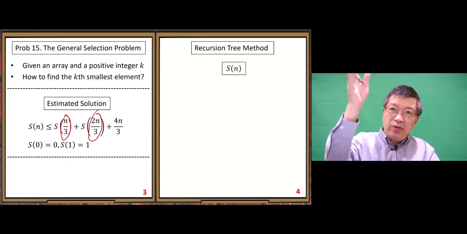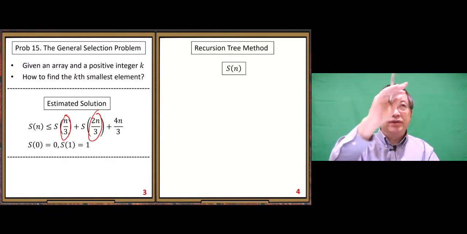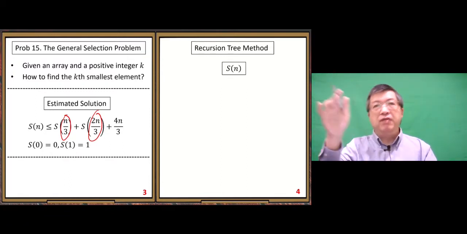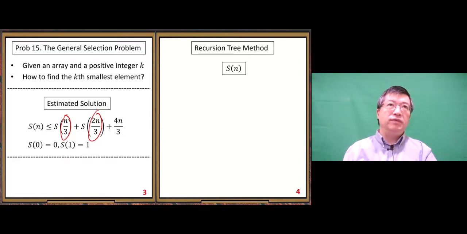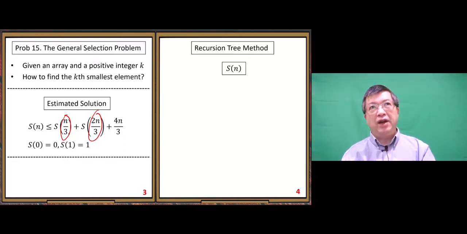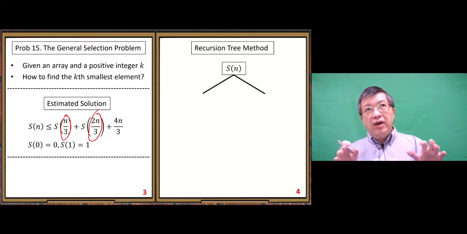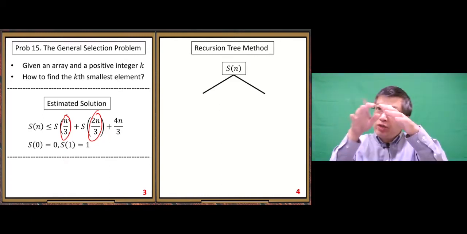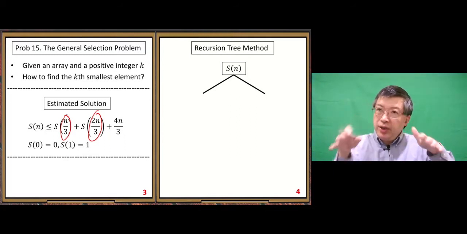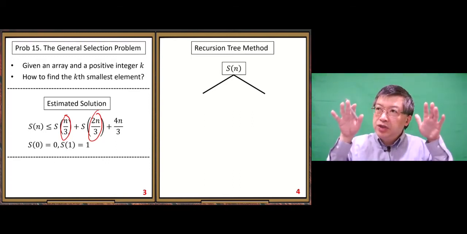We start from the root. So that's our goal, S of n. That function, finally we want to find the estimation formula. Then, divide and conquer, we split into two branches. In this tree, two branches going down to the two subtrees.